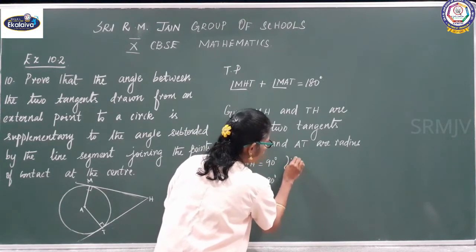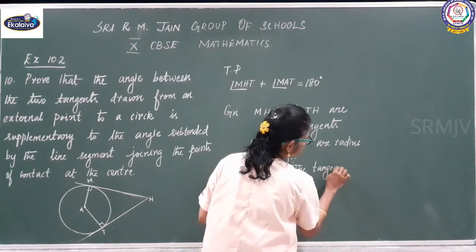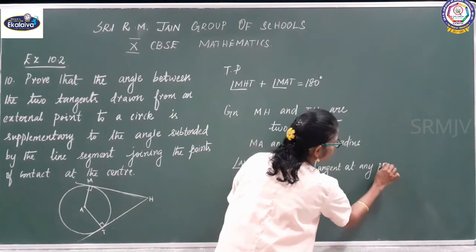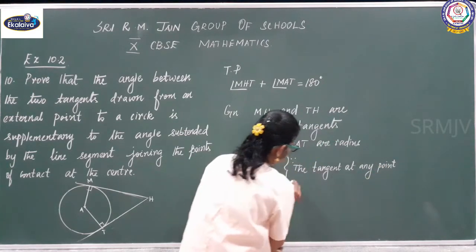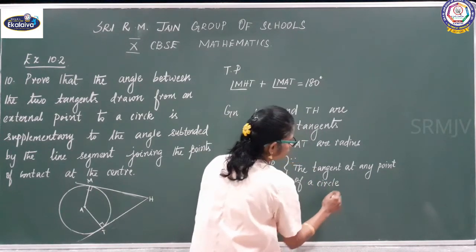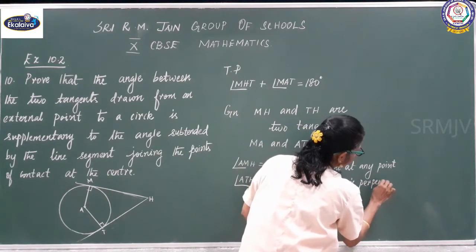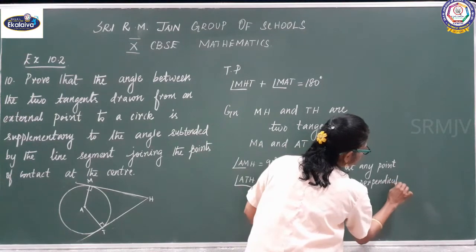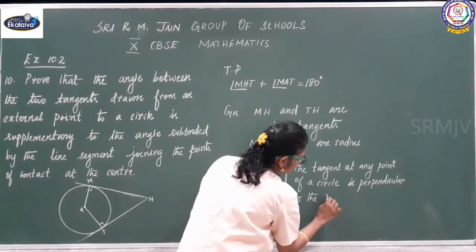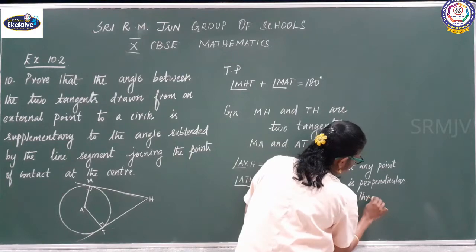How I said it is 90 degree? Since the tangent at any point of a circle is perpendicular to the radius through the point of contact.